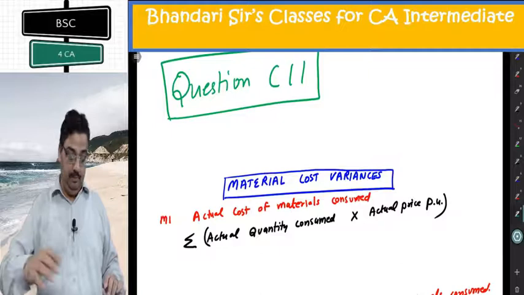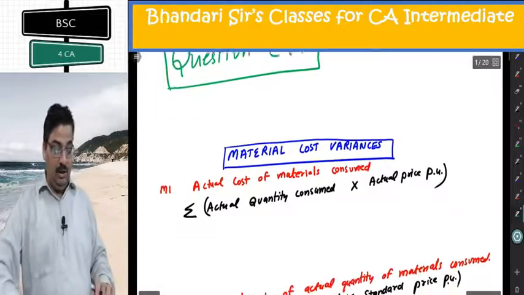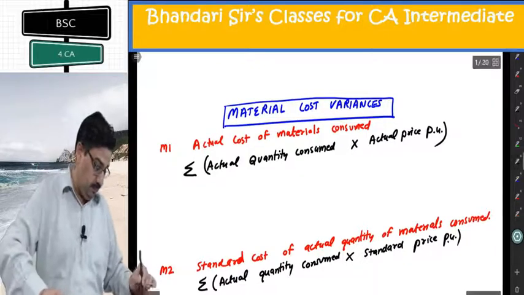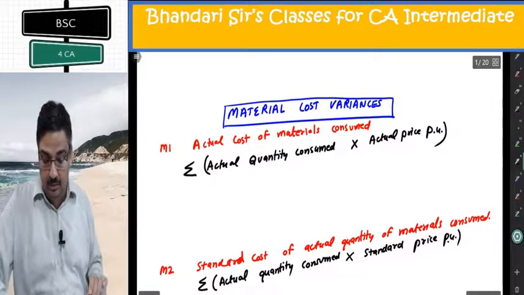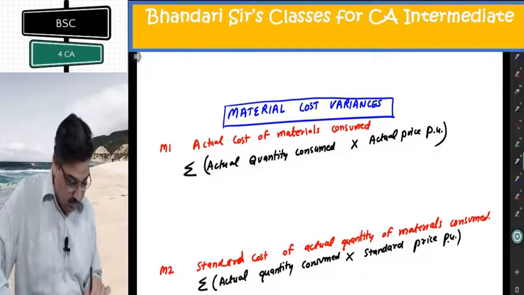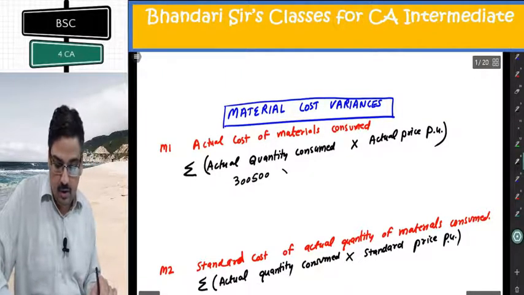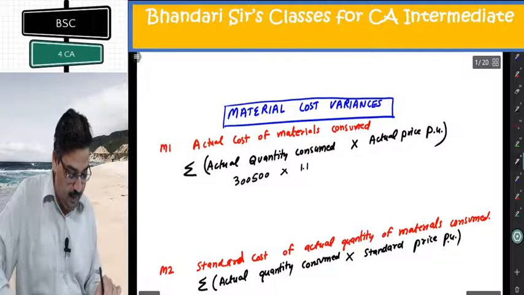Start with M1. Actual cost of materials consumed. You are given in the last part there the actual data. This is 3,500,000 multiplied by 1.10.